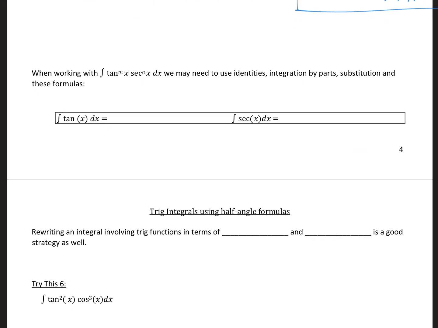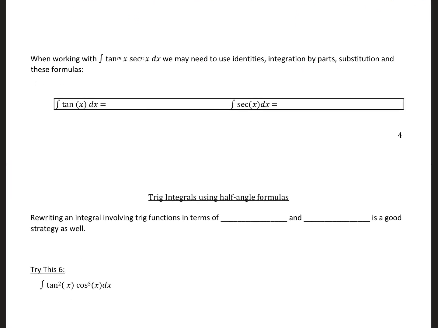This is a quick formula that you want to know. For tangent, we used sine over cosine dx to evaluate the integral, and it gives the natural log of secant x plus C. You can memorize this part.